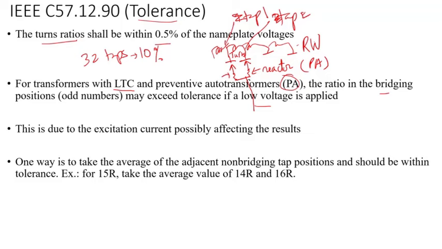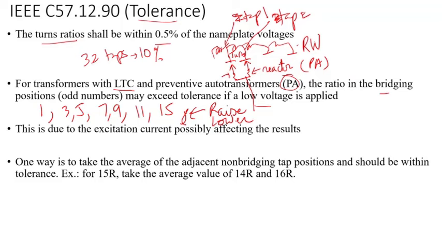Now you're going to have circulating current because the two taps are at different voltages. So in this situation, taps 1, 3, 5, 7, 9, 11, 15, in the raise direction and also in the lower direction, in other words when you tap up or tap down, these odd number taps are bridging two taps.